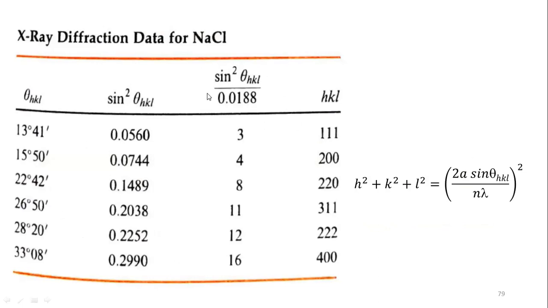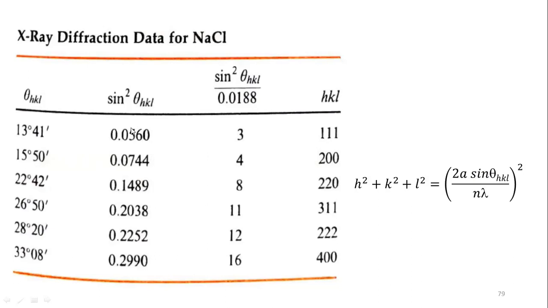This is the modified form of this equation, because 2a and lambda are constant, only sine square theta is changeable, and this is given over here. So you can take this as a common factor and calculate the value, which is 0.188 in the case of NaCl.